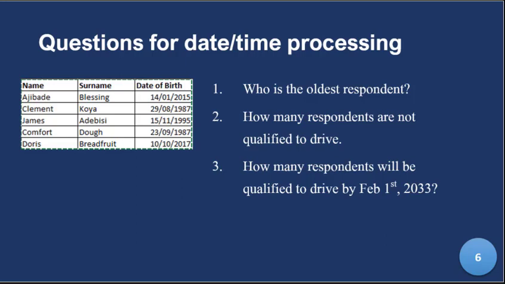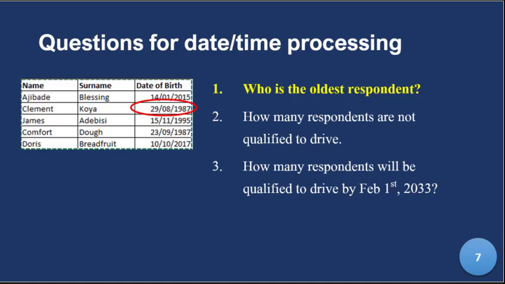So the very first question is very easy to spot. 29th August seems to be the earliest date here, and since it's the date of birth, that will be the oldest respondent. We had 2015, 1995, 2017.